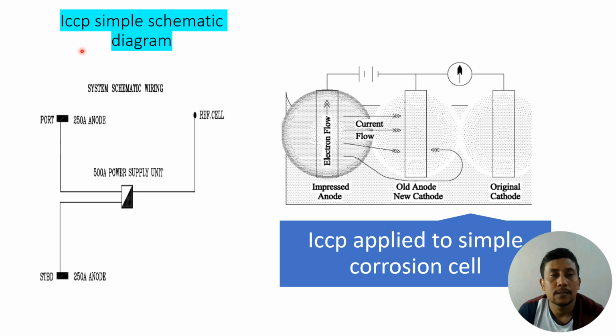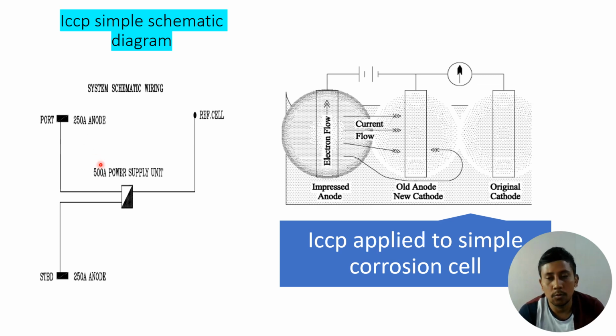I have put a simple schematic diagram of ICCP. You can clearly see from that here. We have one reference cell. We have a power supply unit. Here this power supply unit is 500 ampere. How much power we need actually depends on the wetted surface area of the ship. The larger the ship, the more current we require, because the wetted surface area of the ship will increase.